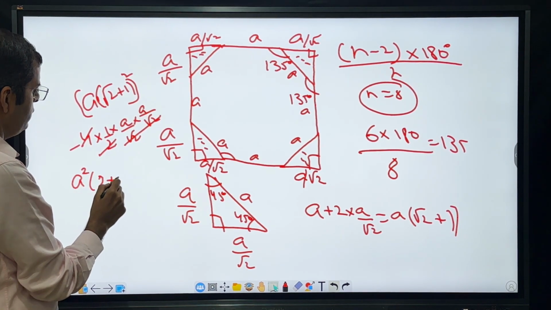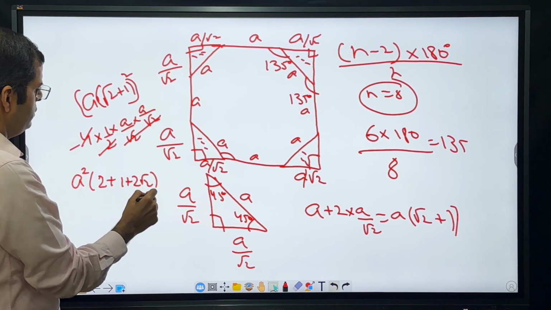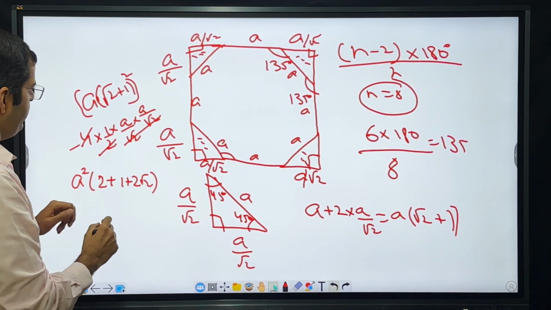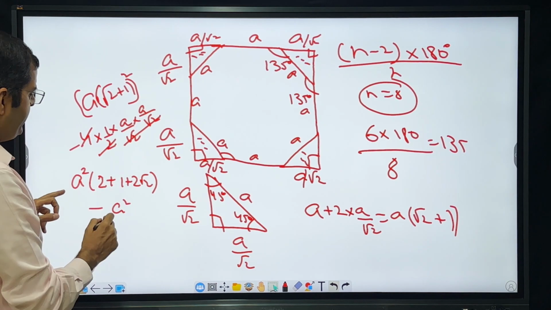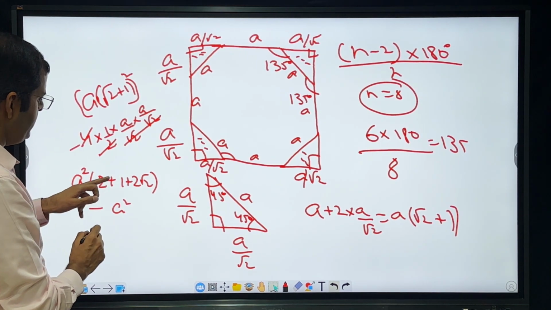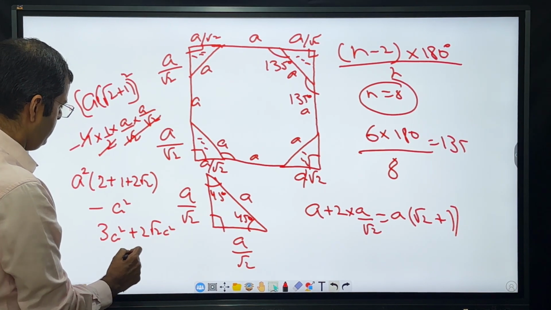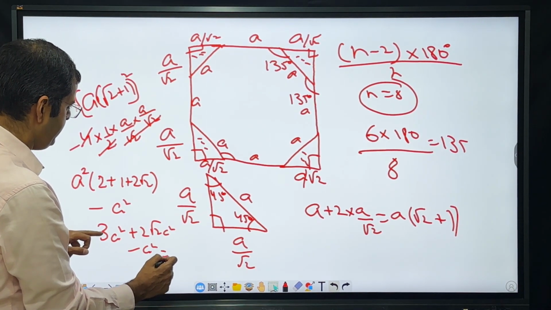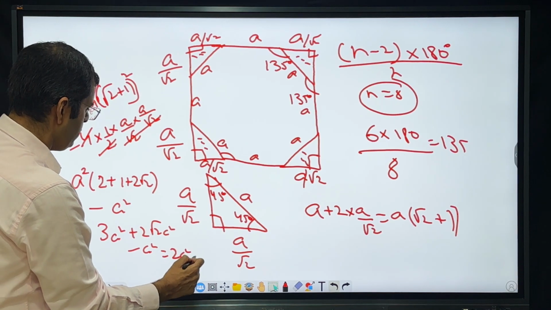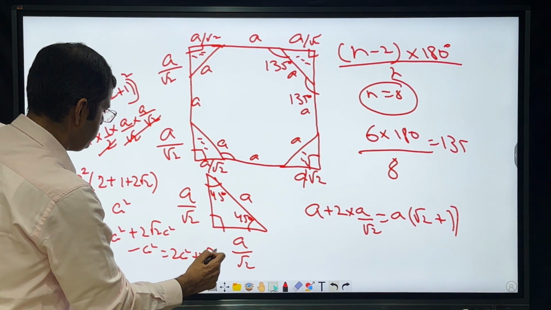That is 2 plus 1 plus 2 root 2, using A square plus B square plus 2AB, minus A into A, which is A square. So here it will be 3A square plus 2 root 2 A square minus A square. That can be written as 3A square minus A square is 2A square plus 2 root 2 A square.